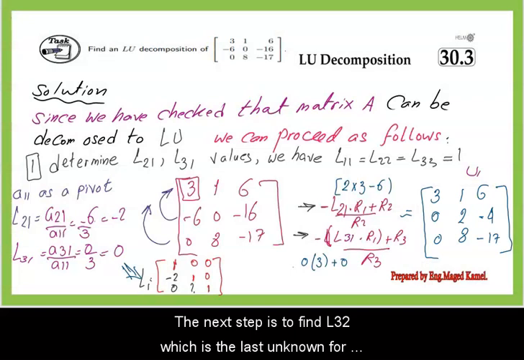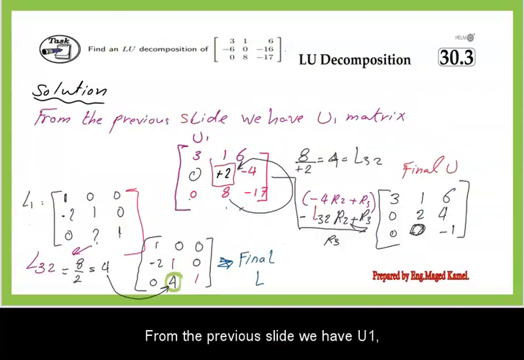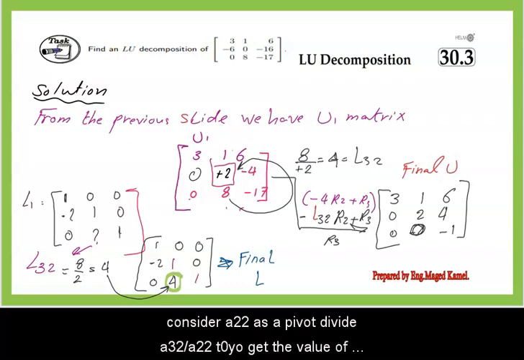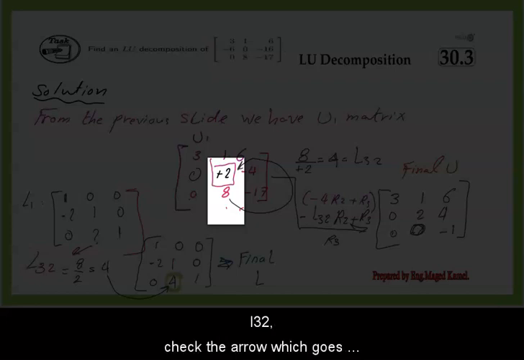The next step is to find L sub 3,2, which is the last unknown for the lower matrix L. From the previous slide, we have U1. Consider A sub 2,2 as a pivot. Divide A sub 32 over A sub 22 to get the value of L sub 32.